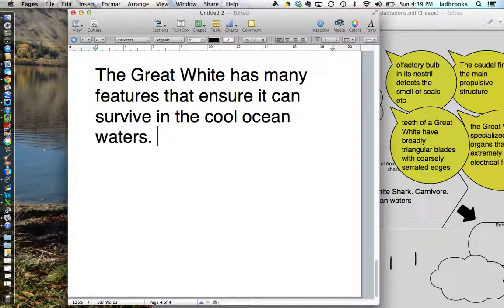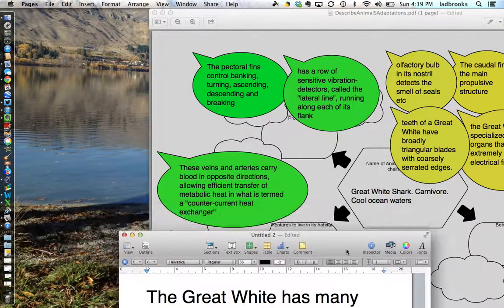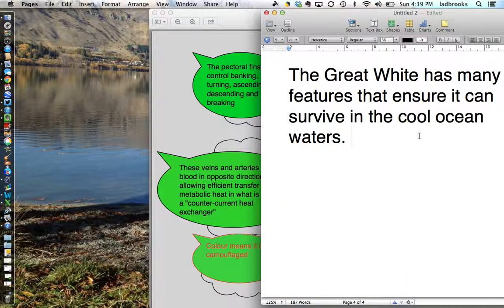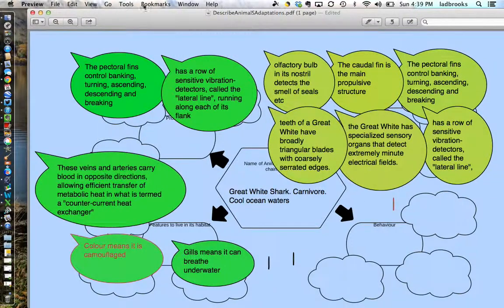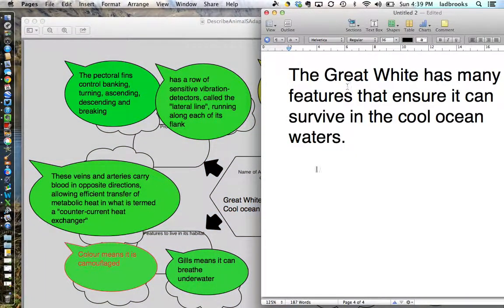Now I need to make my body sentences, which also need to give the detail about this topic sentence. So the first one is, rather than saying these veins and arteries carry blood in opposite directions, I'm going to reword that into my own words, because otherwise I'm plagiarizing and that's cheating.